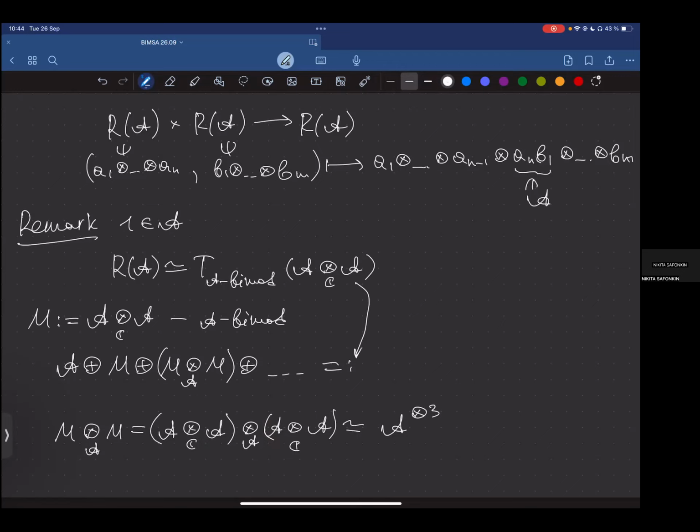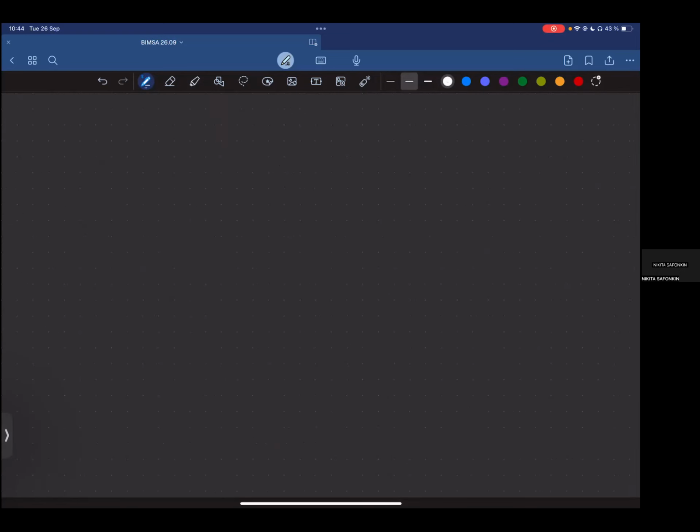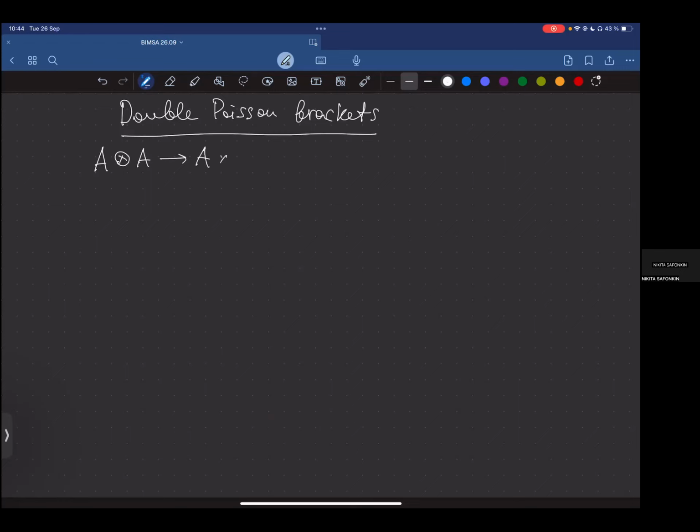So let me discuss double Poisson brackets very briefly. Let A be an associative algebra. By a double Poisson bracket is a linear map, which is denoted by this nice symbol.